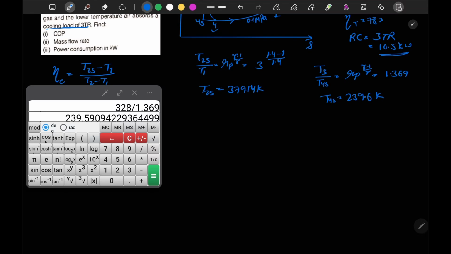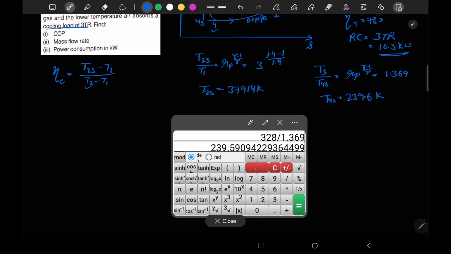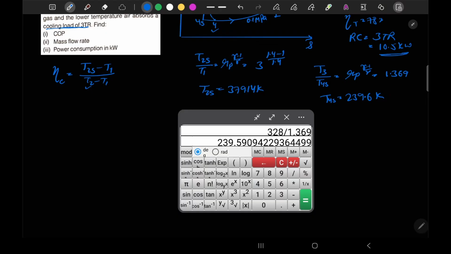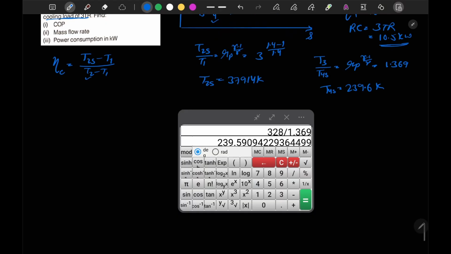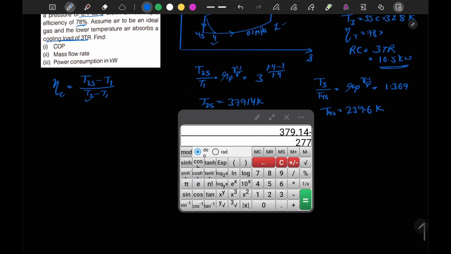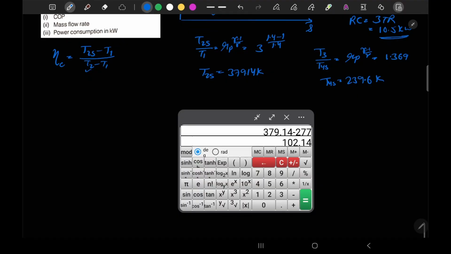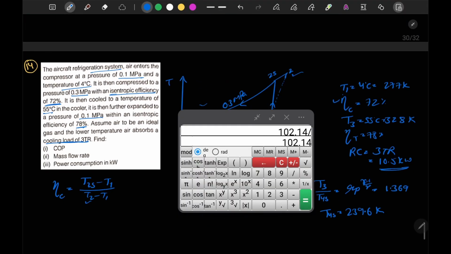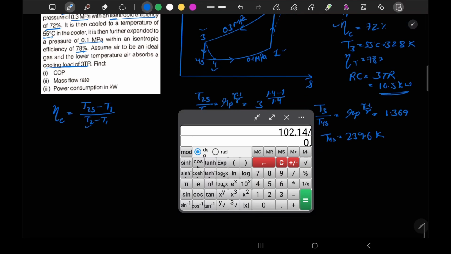Okay, now if we substitute all these values, T2s minus T1, T2s is our 379.14 minus T1 value is 277. Okay, and we have to divide it by eta of compressor, that is 72%, that is 0.72.